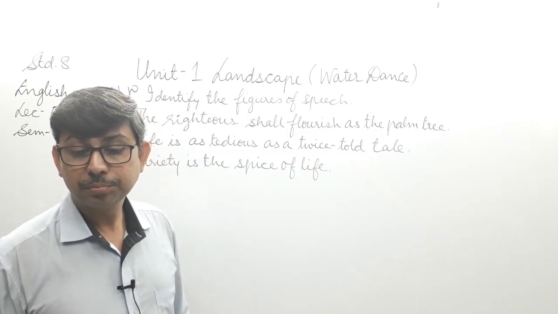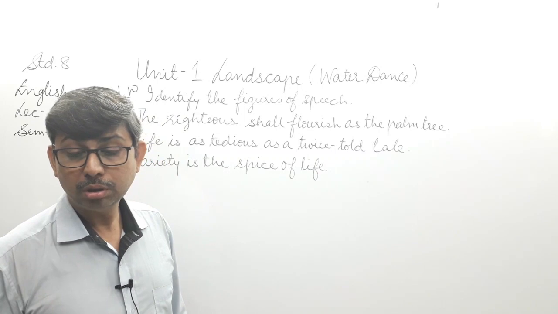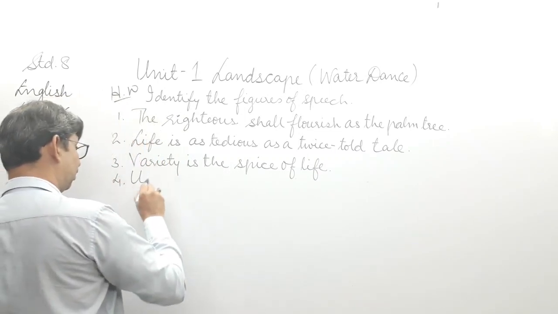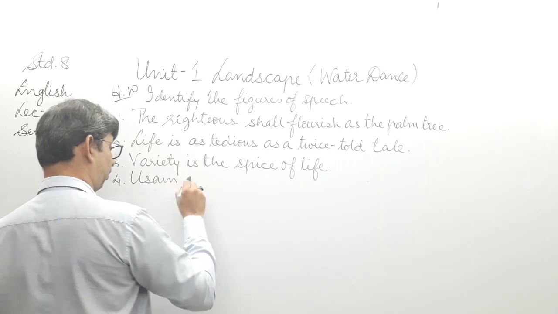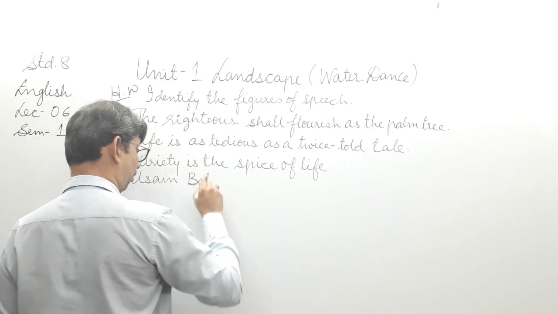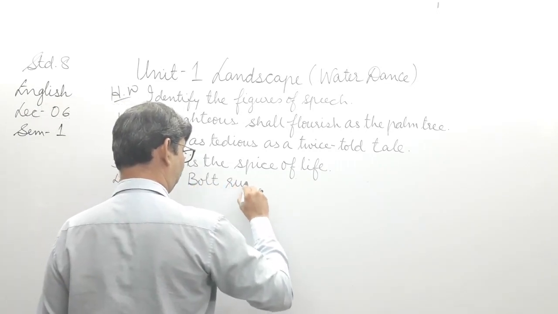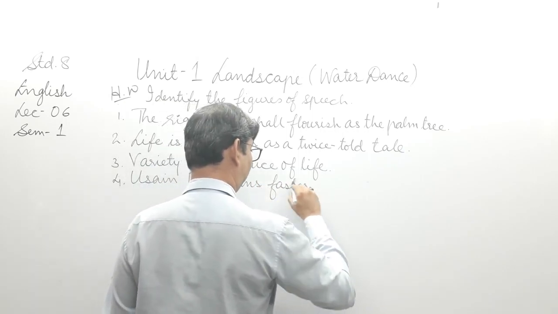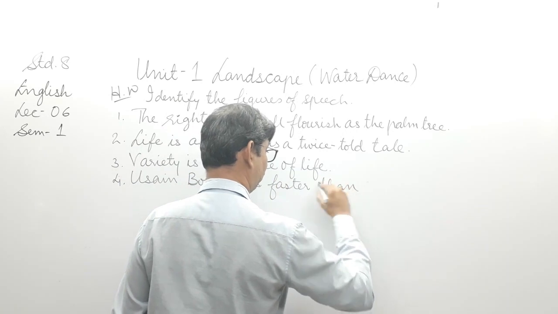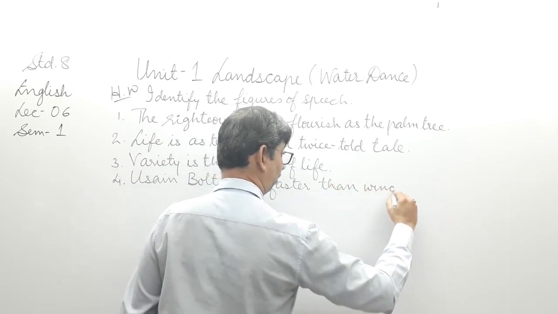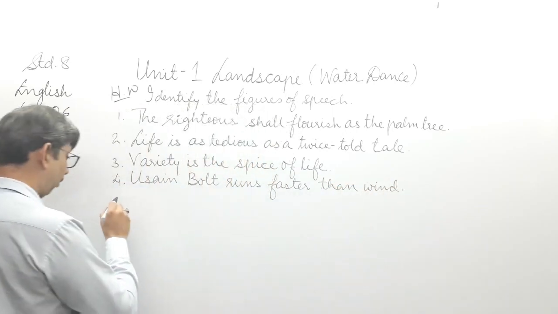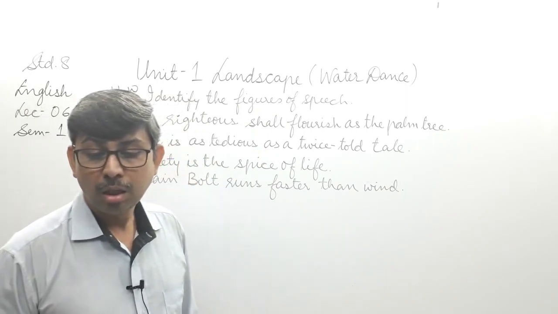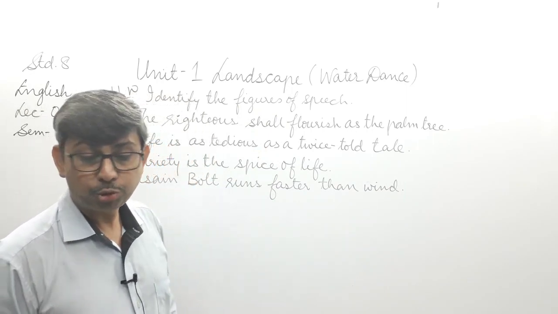Fourth sentence, Usain Bolt runs faster than wind. The fifth sentence, purple pandas painted portraits.